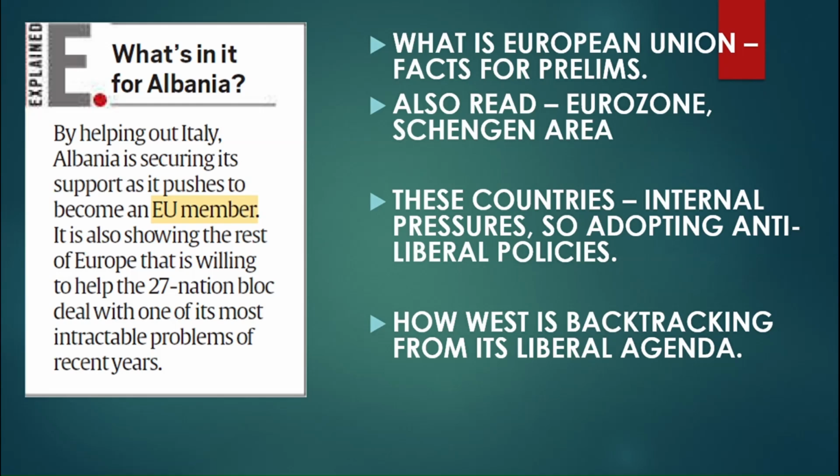Once upon a time, they were the major champions of the idea of liberalism. But today, these countries themselves are turning anti-liberal, right? So whenever you want to highlight this fact, you can quote these examples. And yes, how the West is backtracking from its liberal agenda, the same thing which I told.